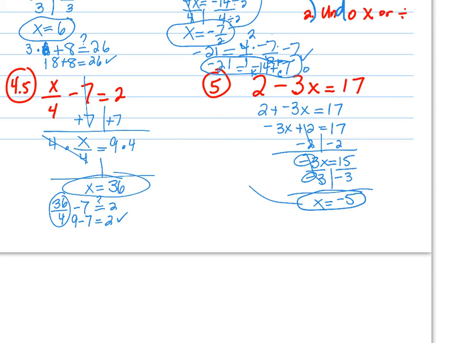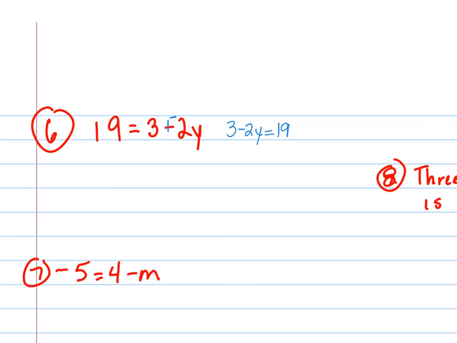Plug it into the original problem. 2 minus 3 times negative 5. Is that 17? Well, I'm going to keep change opposite. Negative 3 times negative 5 is 15 plus 2. Is that 17? Checks. Go ahead and solve this one the way it is.